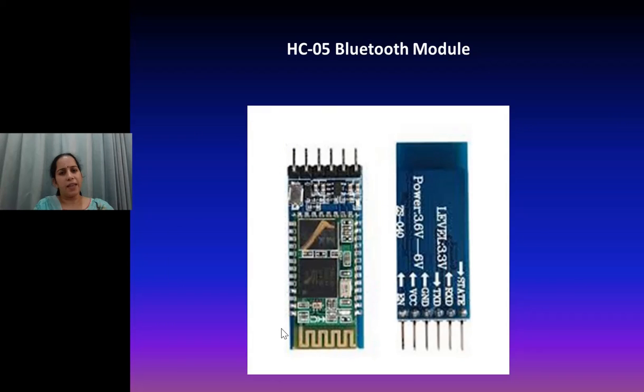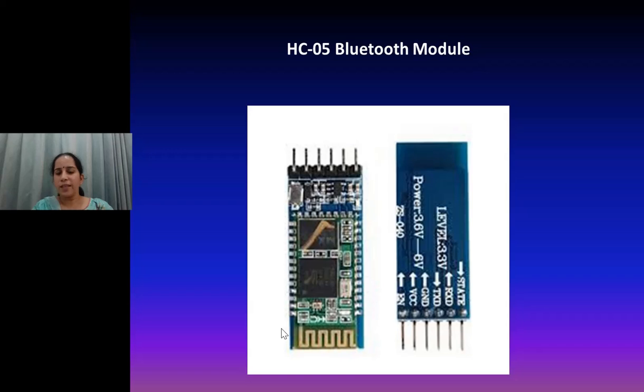This is my HC05 Bluetooth module. Arduino is not capable of communicating with Bluetooth directly, so an extra module is required. In the demonstration that I give at the end of this lecture, I have used this module.